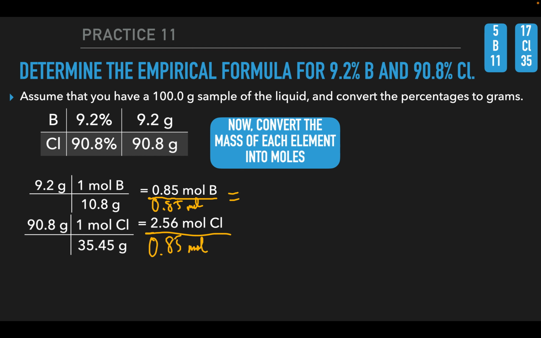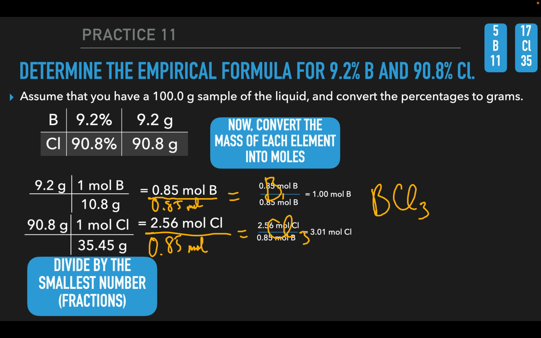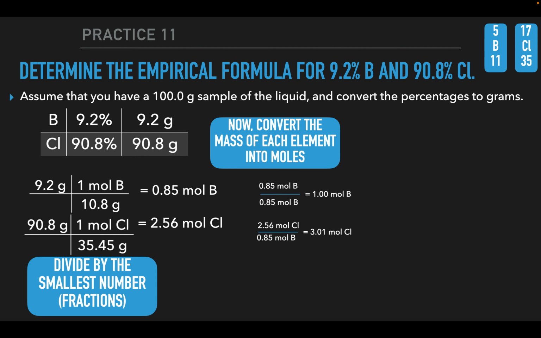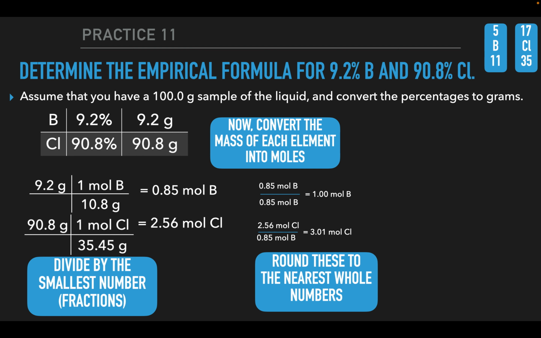Boron is going to equal 1, and chlorine is going to equal 3. So it's BCl3. That's number 11.